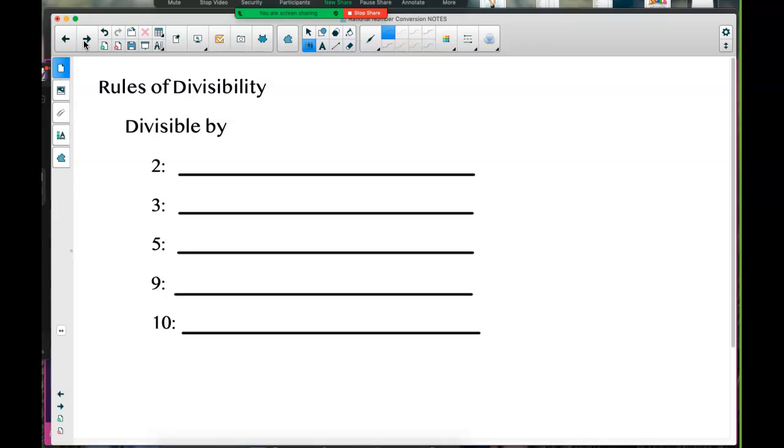How do you know if you can divide a number by 2? What does the number look like if you can divide it by 2? Jada? It's even, okay? It's an even number.